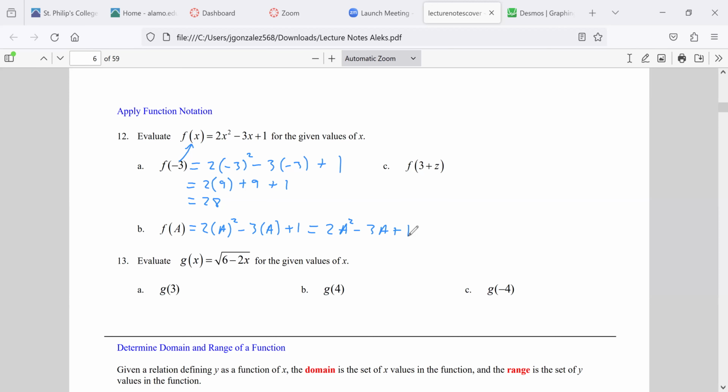Part C is the same thing, right? 3 plus z is going to go inside for every single x, which will make us do some algebra, but it's the same thing. Just do it. See what happens.